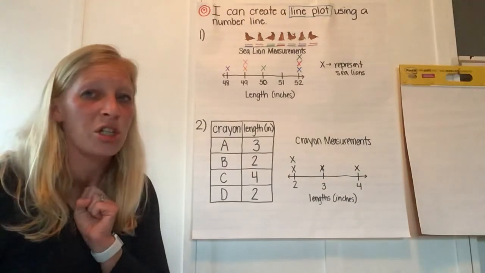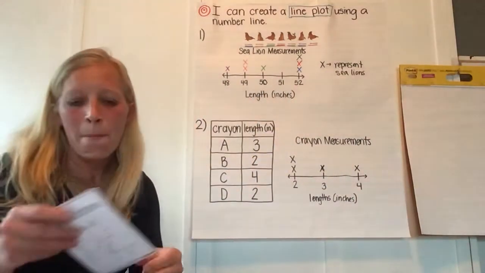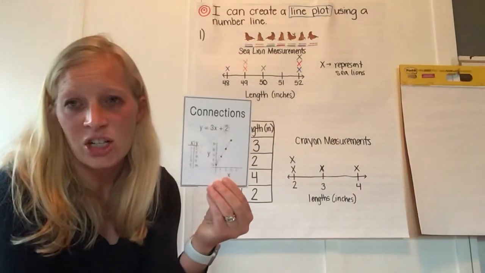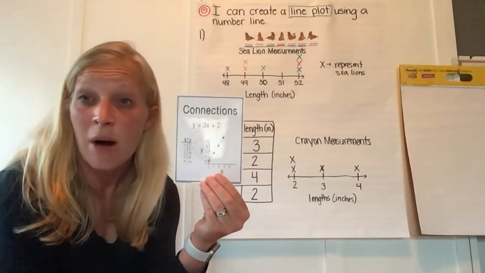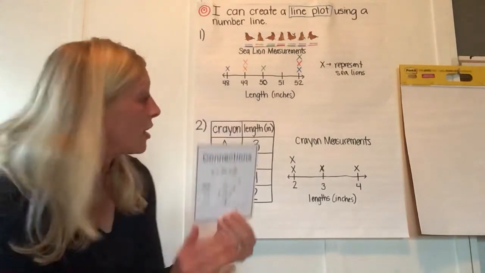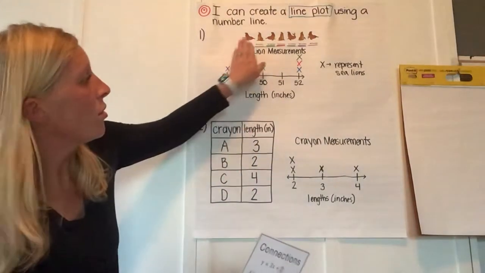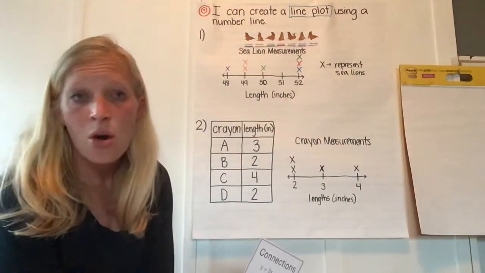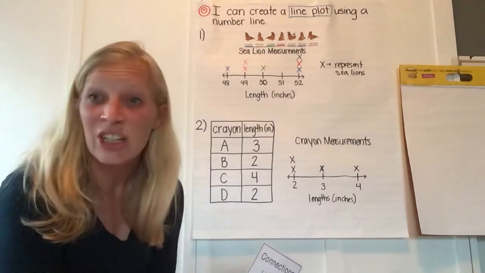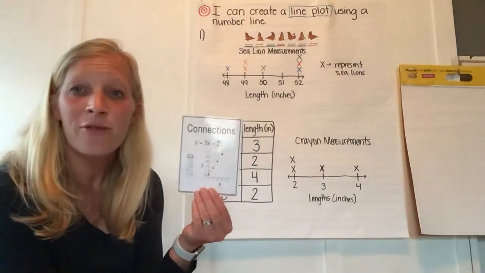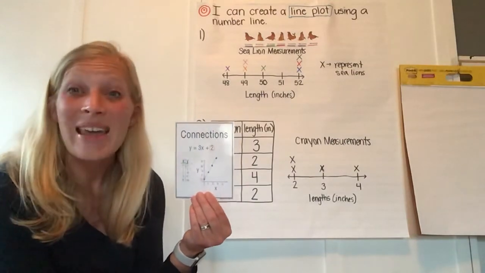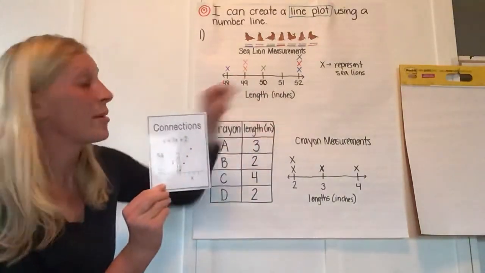The other thing I want us to do is a lot of what we did up here. It's all about finding connections with these line plots, seeing how the information from our data, whether it's on a table or in a set of pictures or on a tally chart, however our data is collected, that we're able to find that data and make that connection to our line plot.